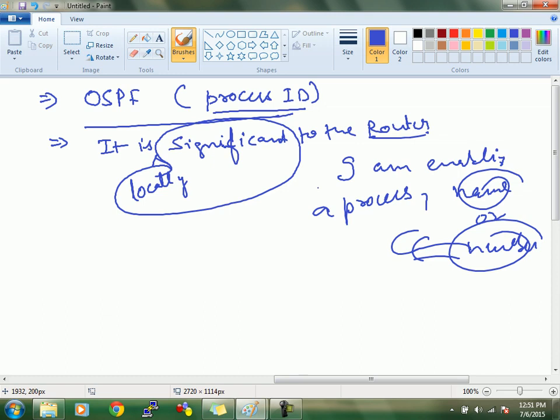I cannot make you understand what the need is, why we have to run two different OSPF processes on a router, but we can. If this number is not there, you cannot run two processes. So the number is there so that you can differentiate between the processes if you are running more than one. Yes.